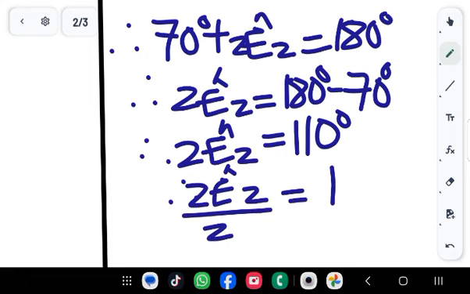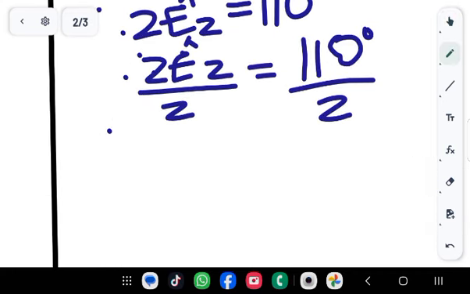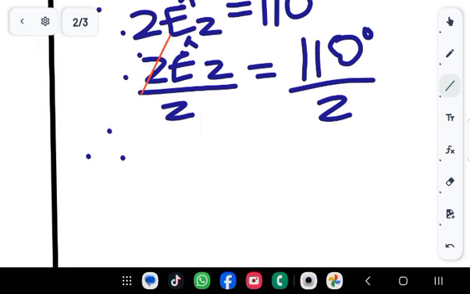We're solving for E2 now like we would solve any linear equation. The 2's cancel out, and we are left with E2 equals 110 divided by 2, which is 55 degrees.